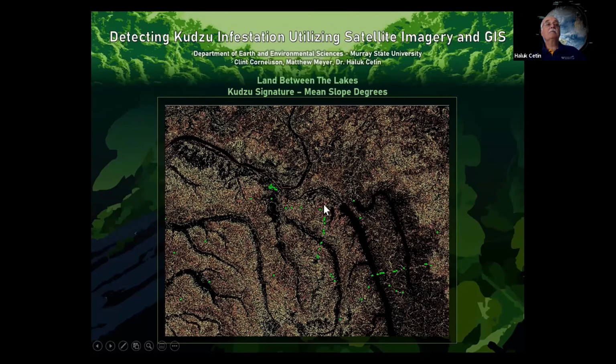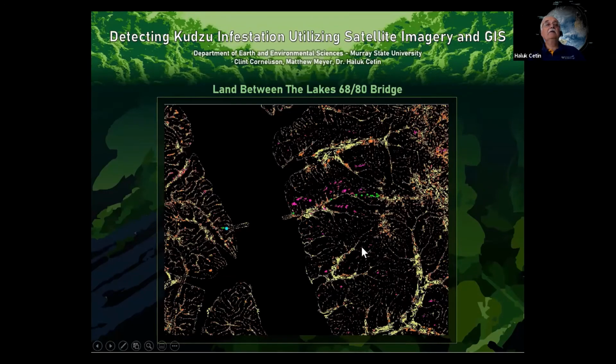Sometimes when we look at just the DEM and slope information, it doesn't tell us a lot, but when you combine it with classification of remotely sensed data, it really helps. But still we are having issues.